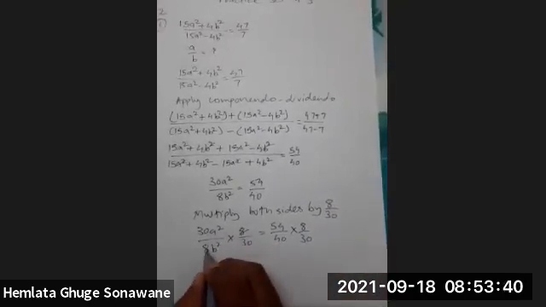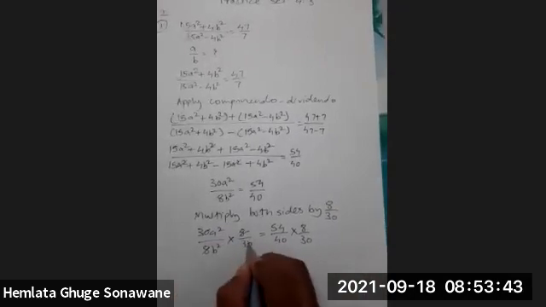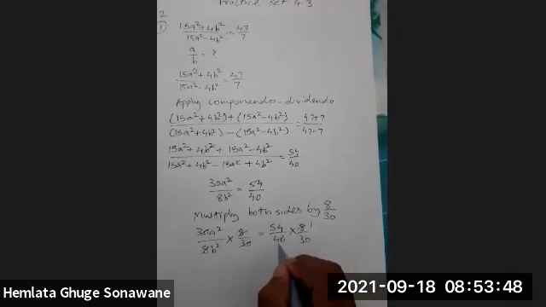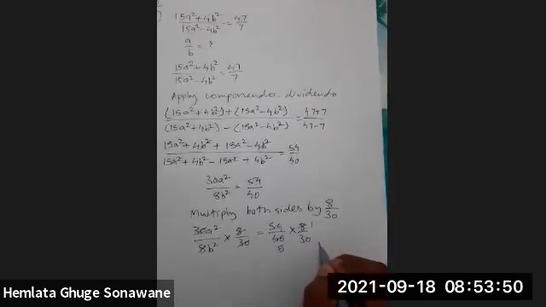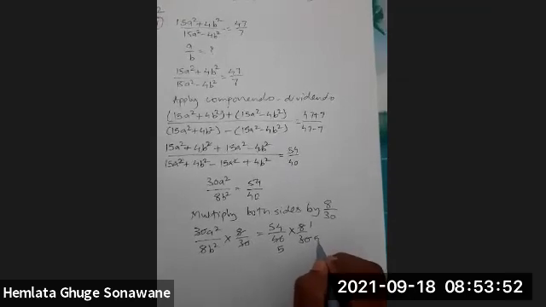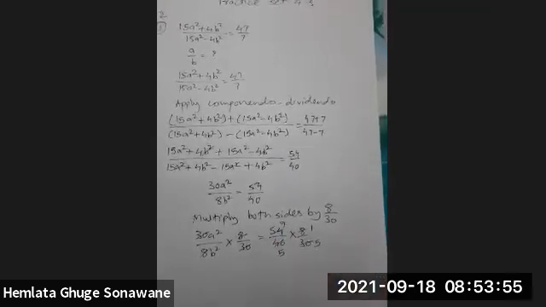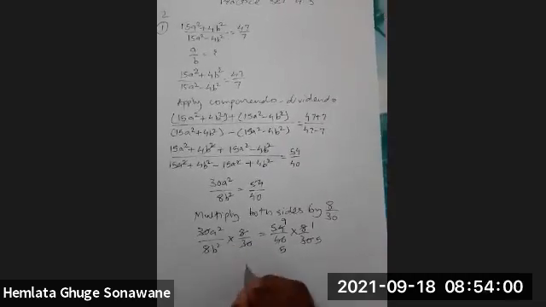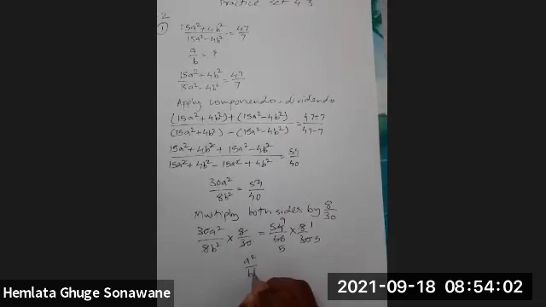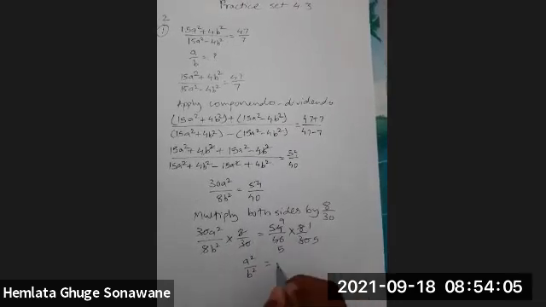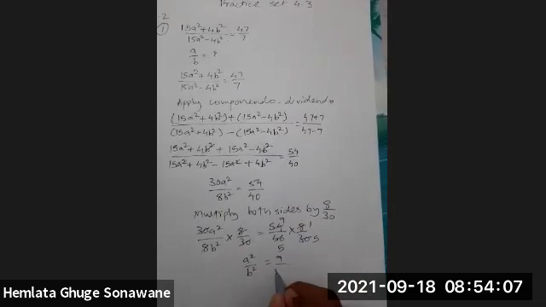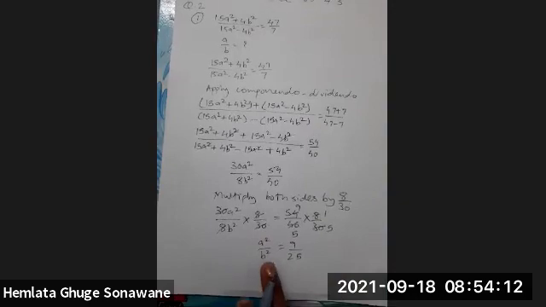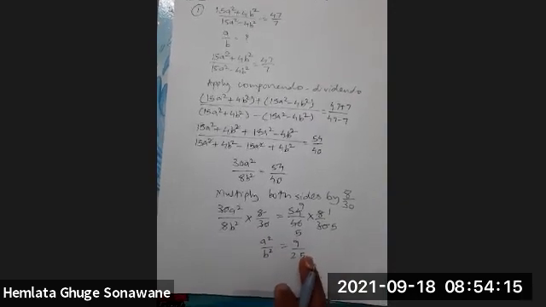Okay, 8 gets cancelled, 30 gets cancelled. Simplify this. 8 1s are 8, 8 5s are 40, 6 5s are 30, 6 9s are 54. Okay, now here a square upon b square remains, and here 9 upon 25. We have got a square upon b square as 9 upon 25.